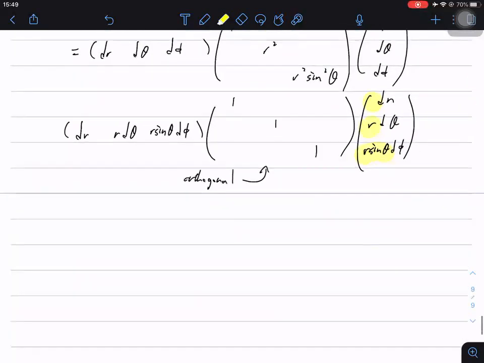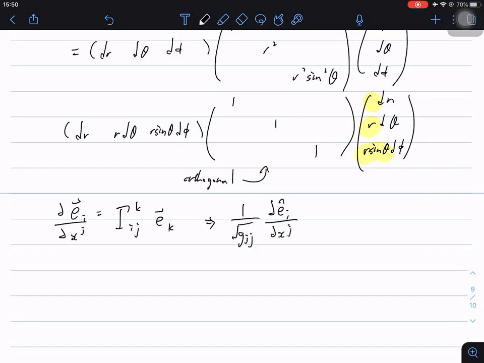Moreover, in orthogonal basis, in order to find the Christoffel symbol, we have to stick with the definition of the Christoffel symbol. So for example, I think the definition is something like this, right? And of course, in orthogonal basis, you can imagine how things will go. Things will be much more complicated. I put a hat here to represent the Christoffel symbol in orthogonal basis.